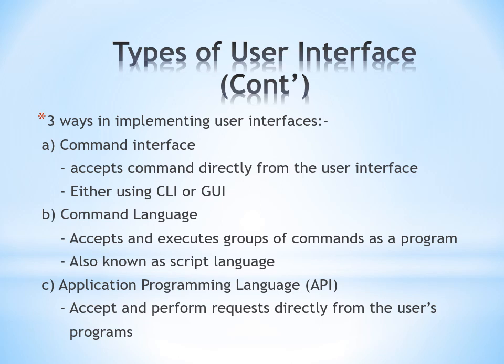This command language accepts and executes groups of commands as a program or as a batch, which is also known as a scripting language. For example, if you want to do an automatic backup, you run a backup script, using commands through the scripting in order to do the backup automatically. The third one is the application programming interface, which accepts and performs requests directly from the user program.